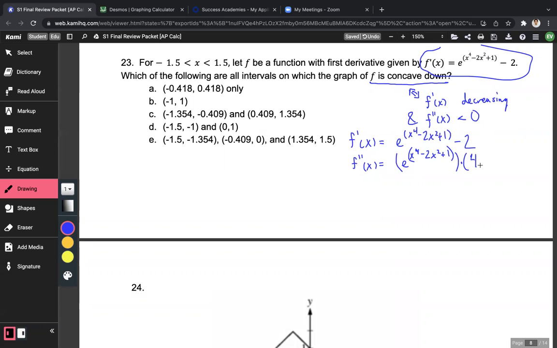So x to the fourth, that derivative is 4x cubed minus 4x, and that's it. All right, not so bad. At this point, I want to graph it. Analytically trying to figure out where this is equal to 0 is also an option. I know that if I were to set this equal to 0 and then try and figure out where it's negative, that's totally fine. I know that this guy here can never equal 0.